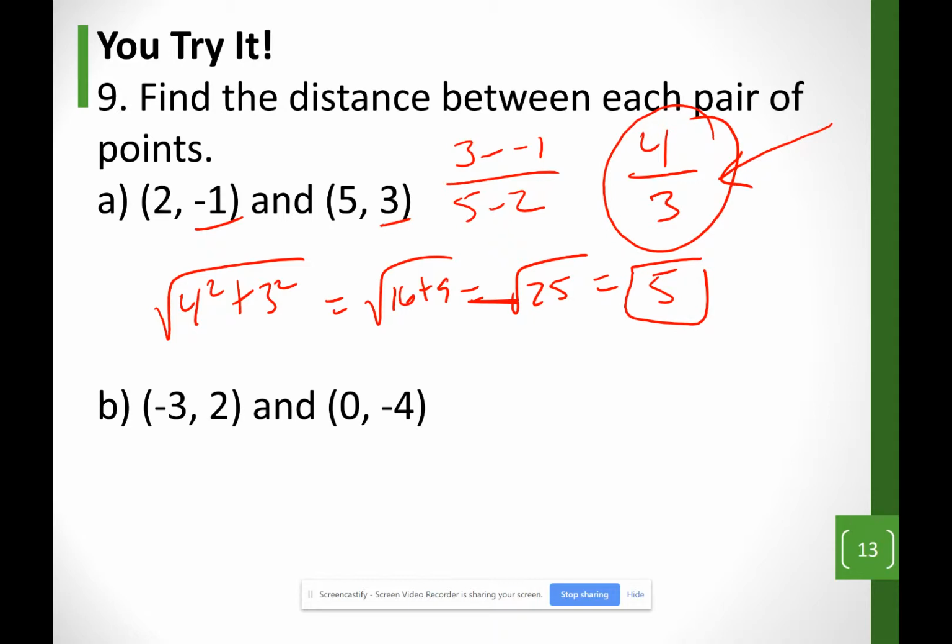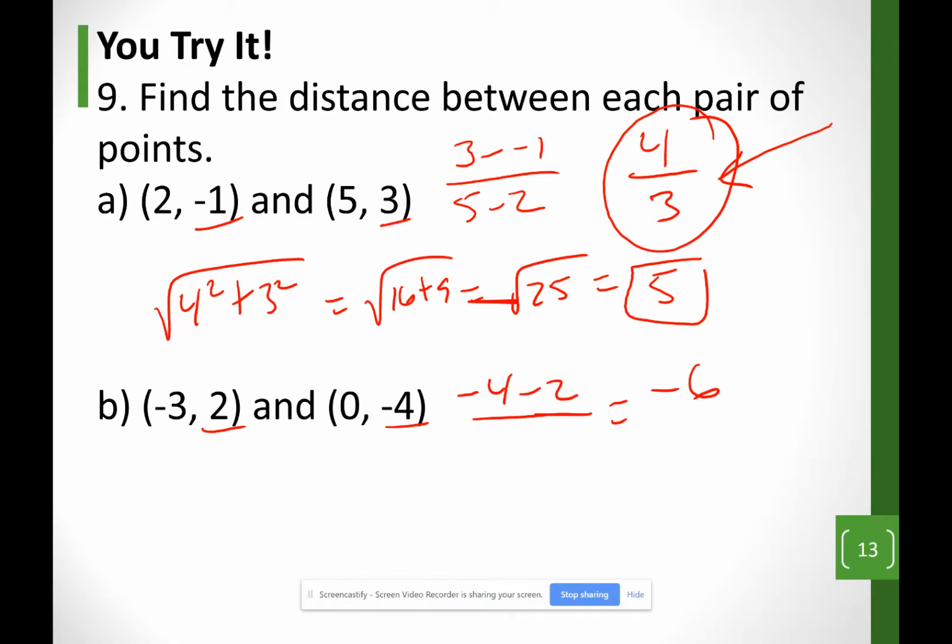Looking at this other example, let me worry about subtracting the y's first. -4 minus 2 gives me -6. Now on the bottom, let me worry about subtracting the x's. 0 minus a -3 gives me a 3. I know I wrote this as a fraction.